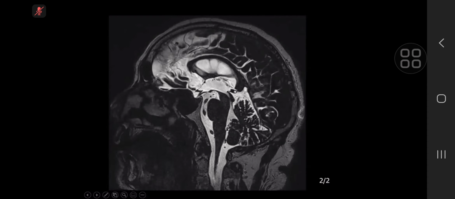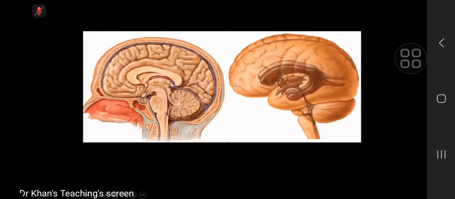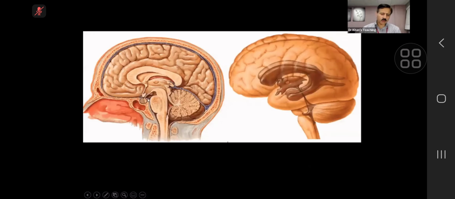That's the pineal, or mammillary body. The mammillary body is sitting here. Sorry, so this is the pineal, I think. Pineal gland. Very good. And what is this? That's the corpus callosum. Okay, well done.